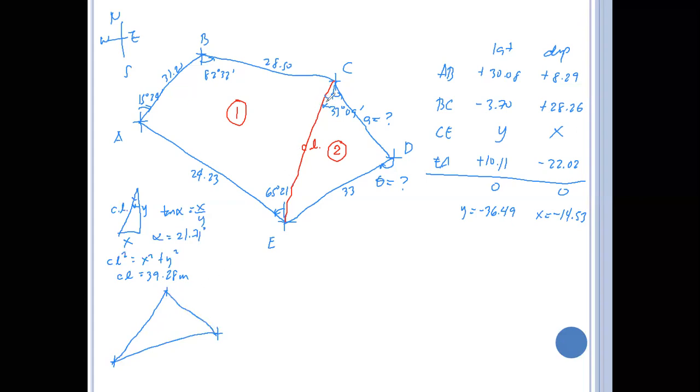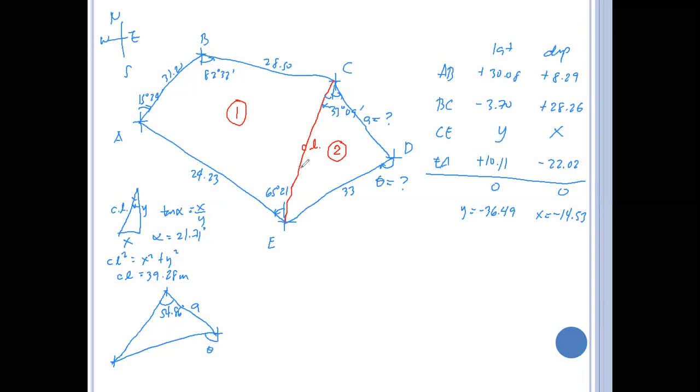Okay, since we already have the value of alpha and we're given the direction for the line segment CD, so if we try to add these two values, this will give us the angle here, no? So this will give us 54.86. Okay, we have here a known set as A, so let this as theta.